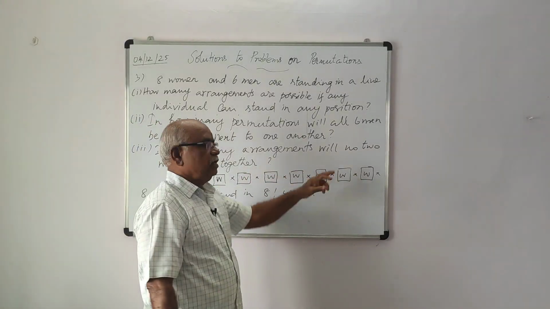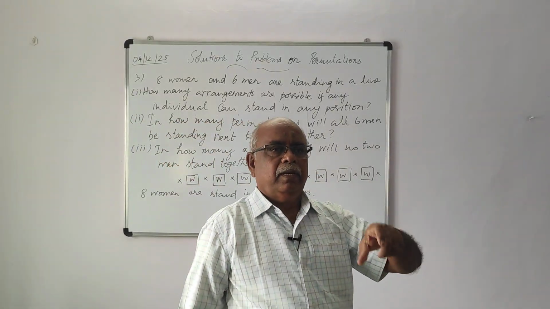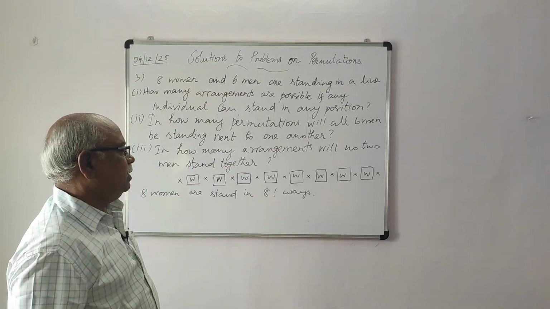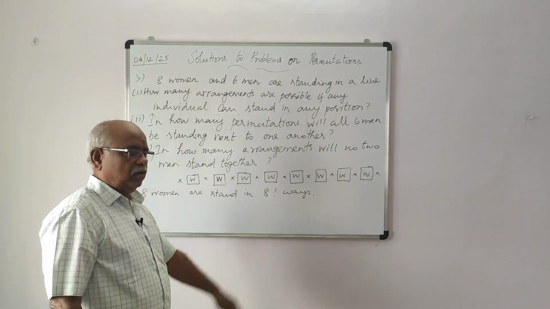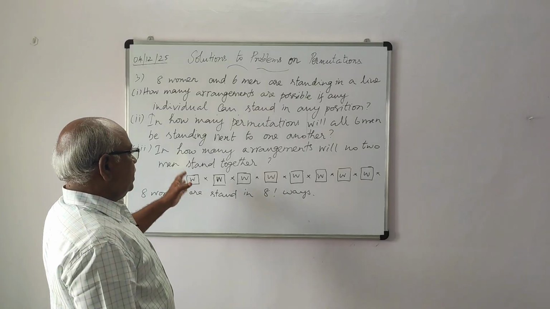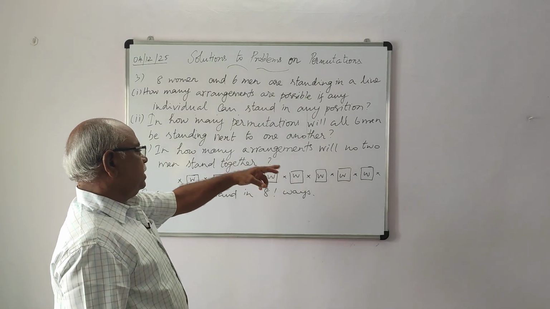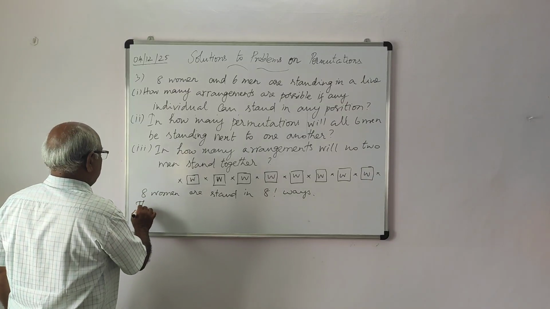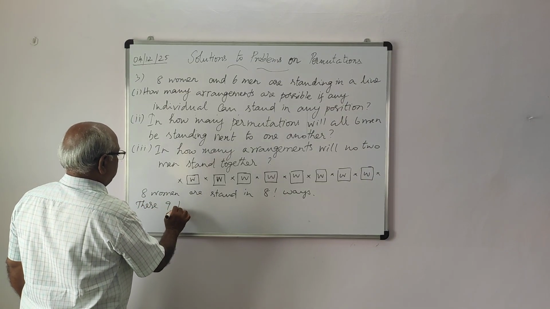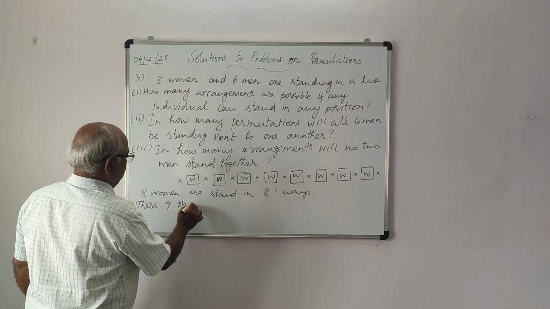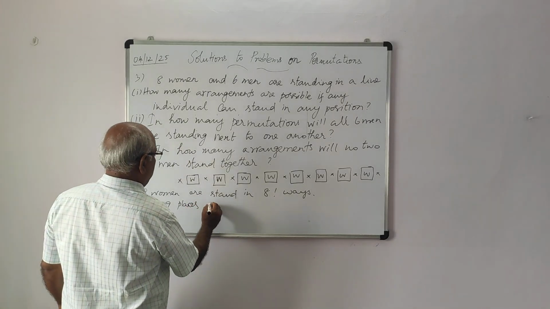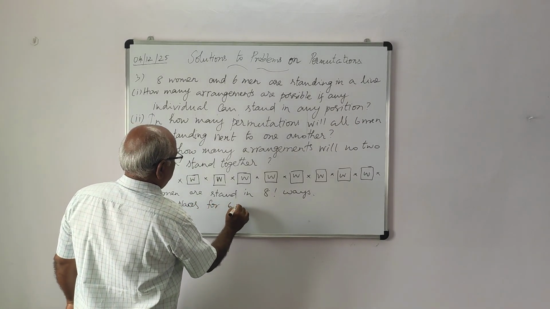In these 8 places, the 8 women can be arranged in 8 factorial ways. The remaining 9 empty places, 9 gaps, are there for the 6 men. There are 9 places for 6 men.